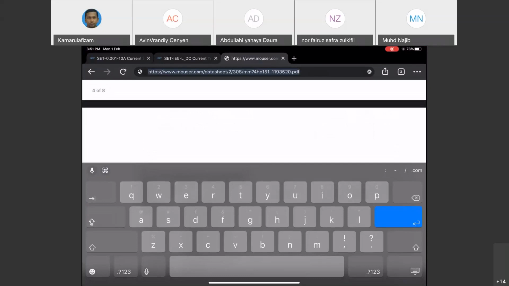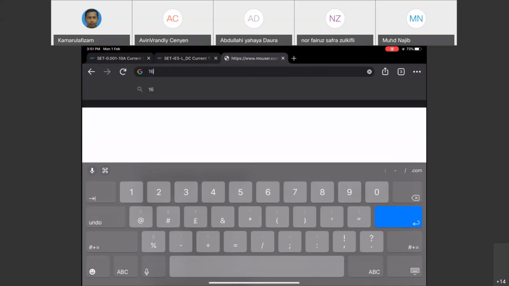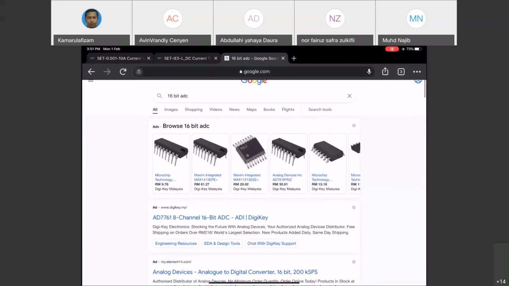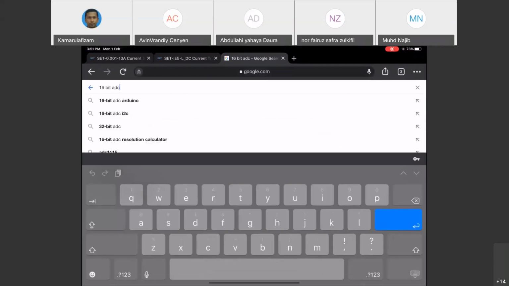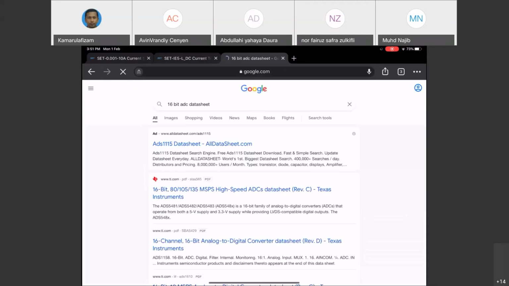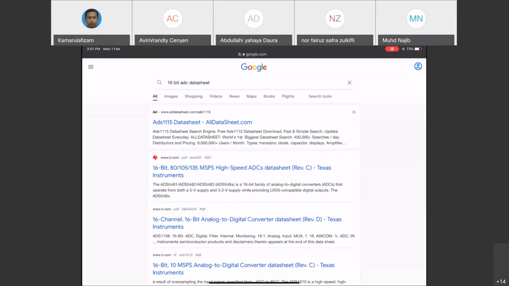Now I'm looking at, let's say, a 16-bit ADC. I always forget the data sheet. So we have a high-speed ADC, 16-bit, 16 channel.